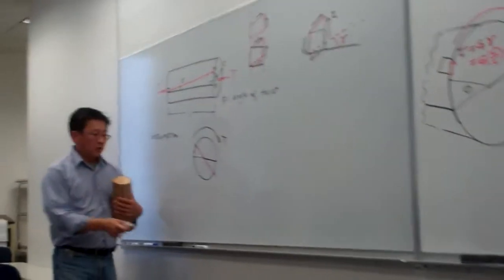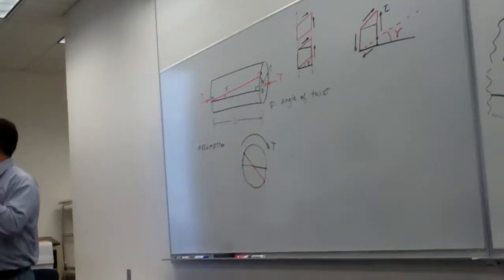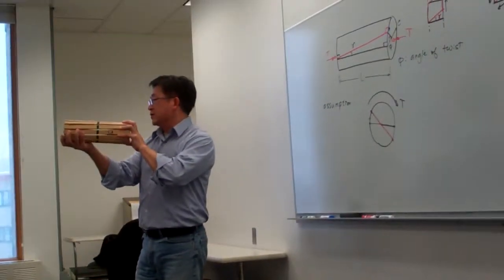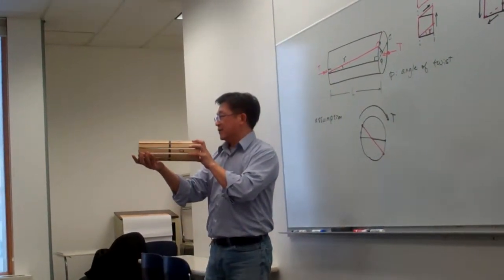So that means before deformation, one diameter is a diameter. After deformation, that diameter is still the same diameter, but in a different orientation.